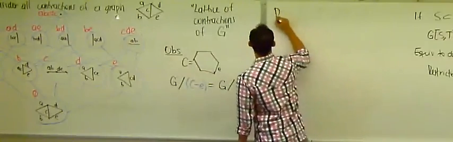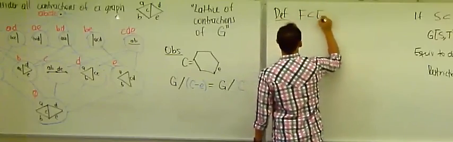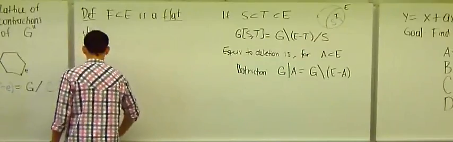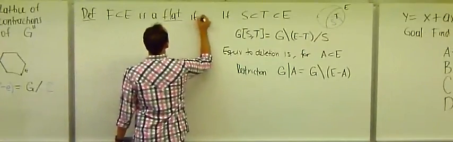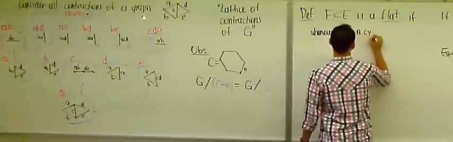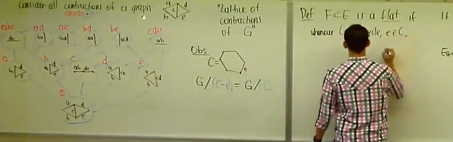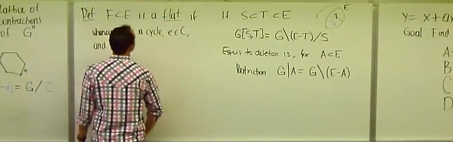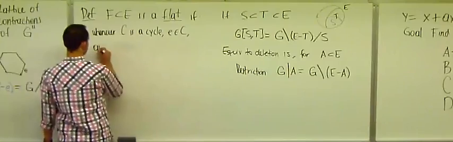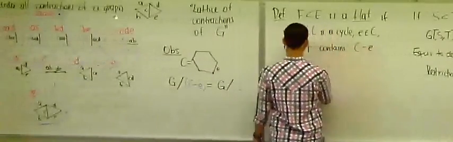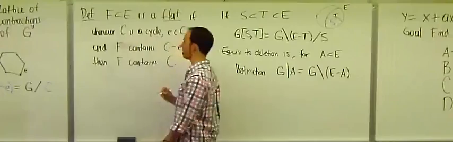So let me make a definition: a subset F of the edges is a flat if whenever C is a cycle, E is an element of that cycle, and F contains C minus E, then F also contains E. Okay?